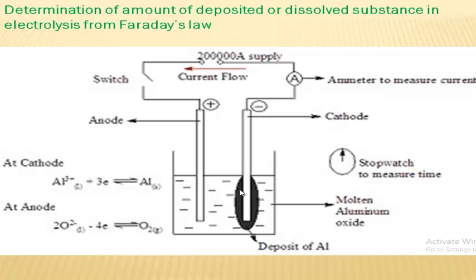Here the current is measured, how much current is supplied through the circuit, and how much time is needed to deposit the aluminium metal. From this measurement of current and time, we can easily calculate the amount of deposited metal.